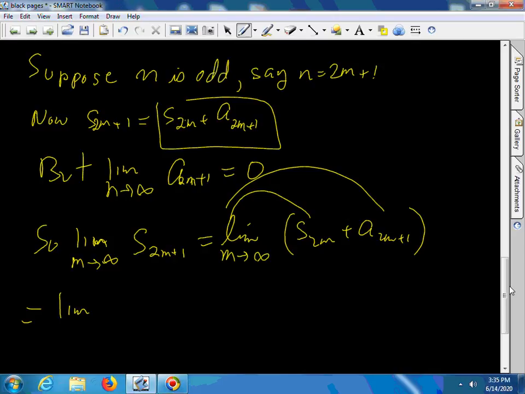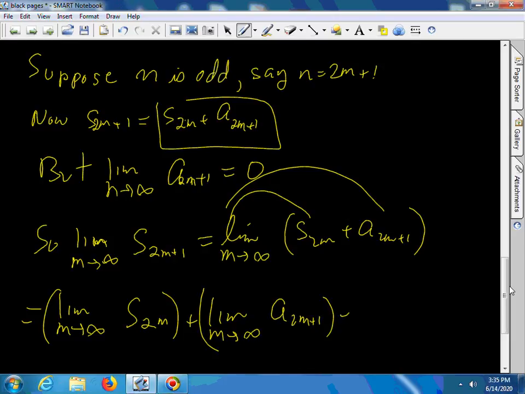So we have the limit as m approaches infinity of s sub 2m plus the limit as m approaches infinity of a2m plus 1. The first limit is L from earlier, plus that limit is 0, so we get L.